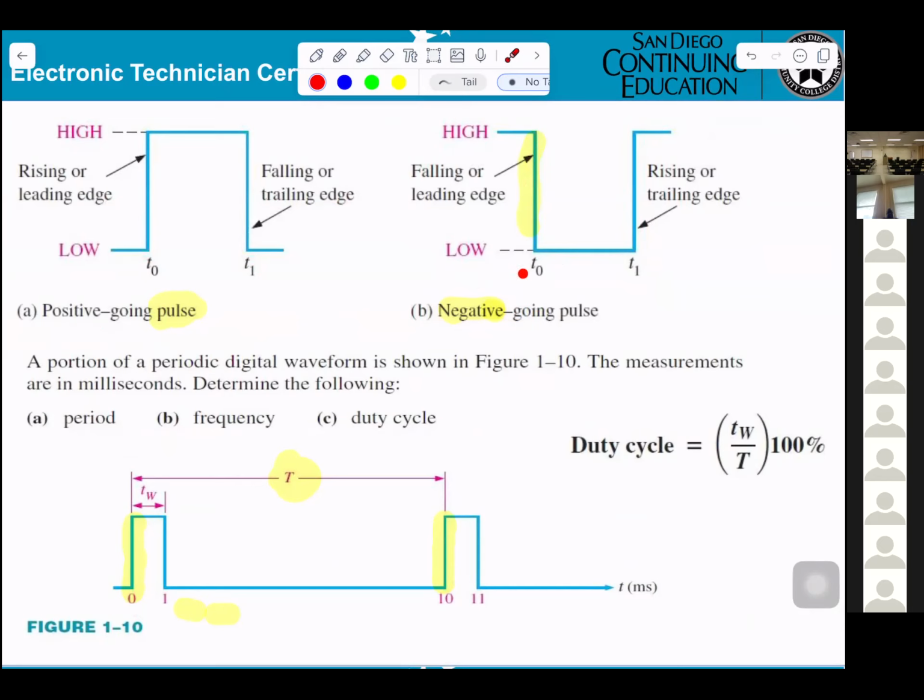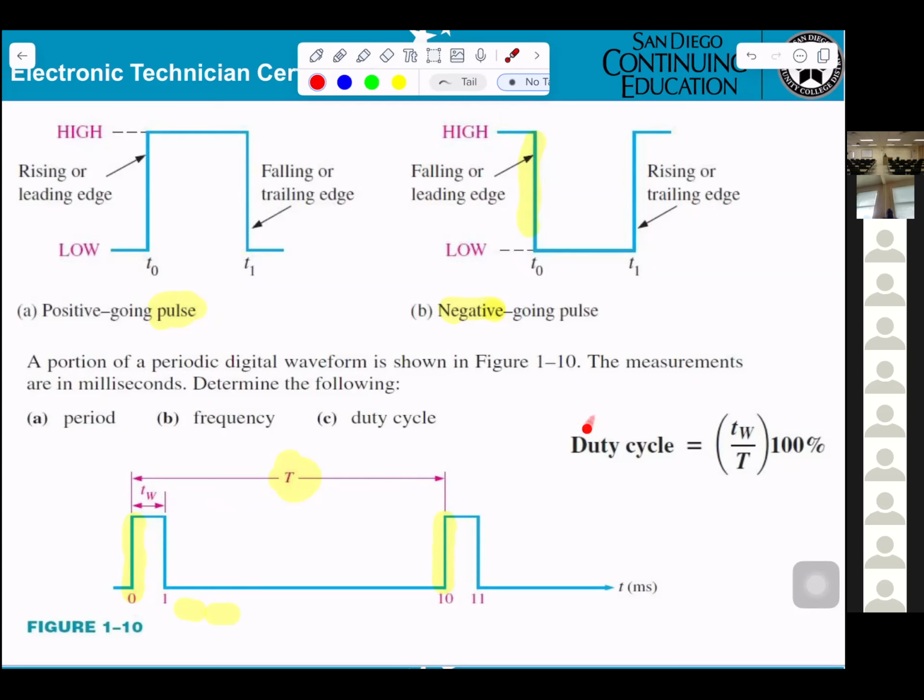Going down here is the leading edge, and going back up will be the trailing edge. Now from here to here is one period, and TW tells you how long it is high, and how long it is low.